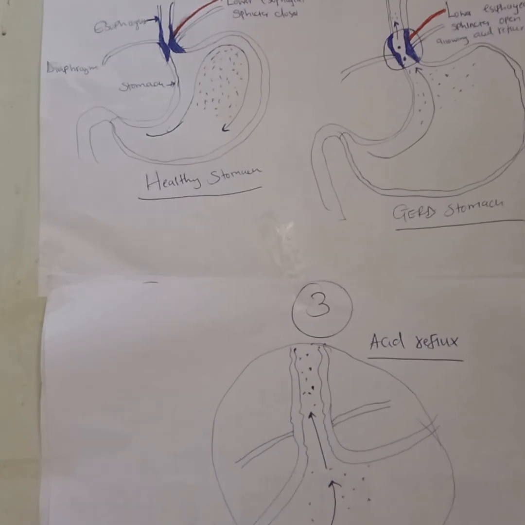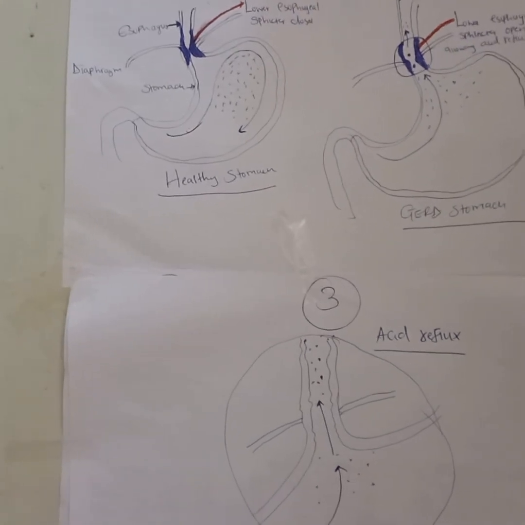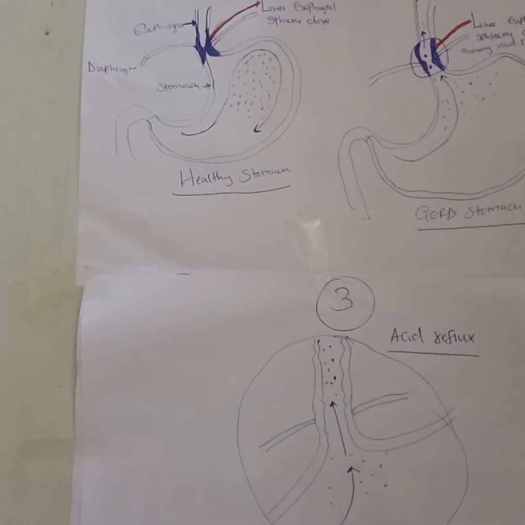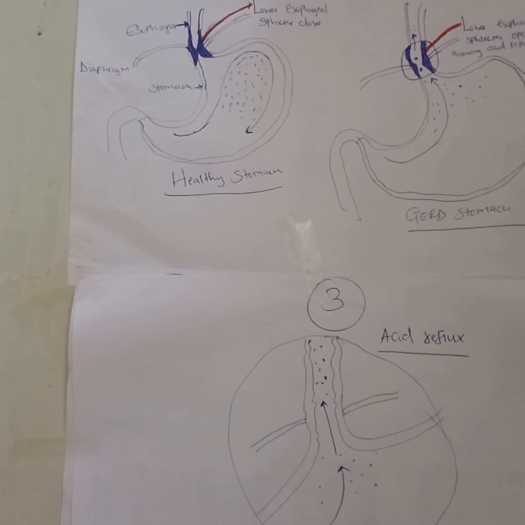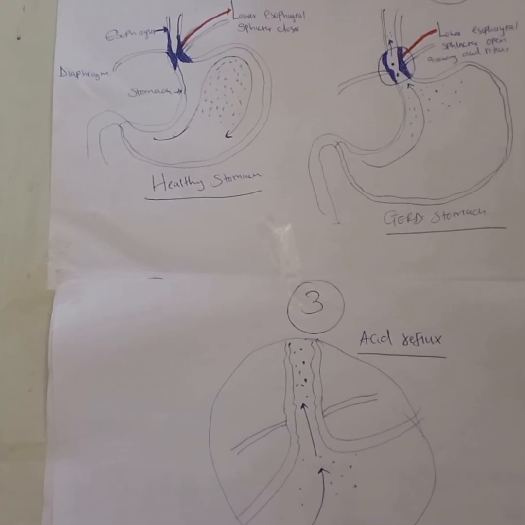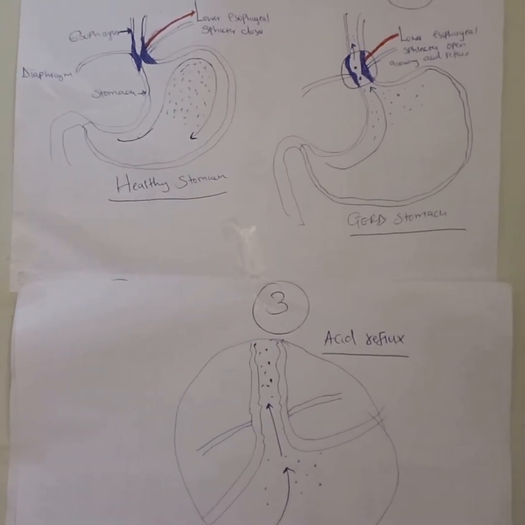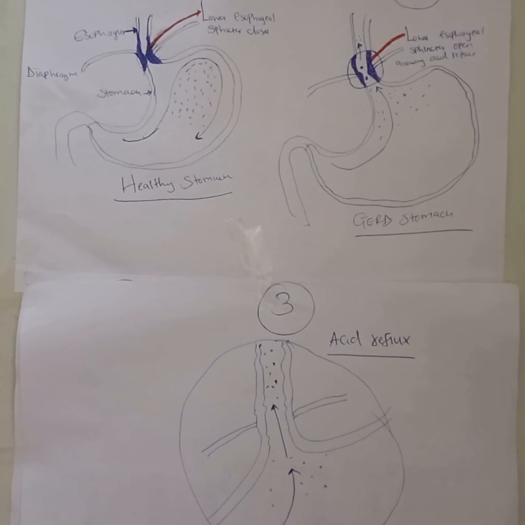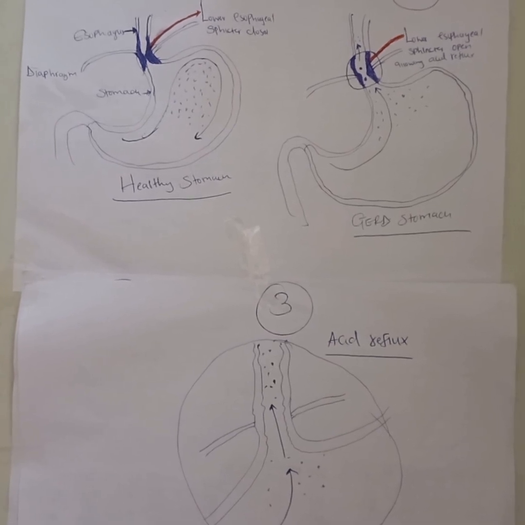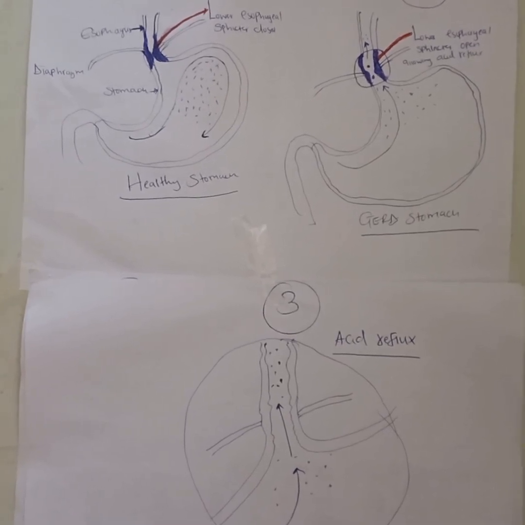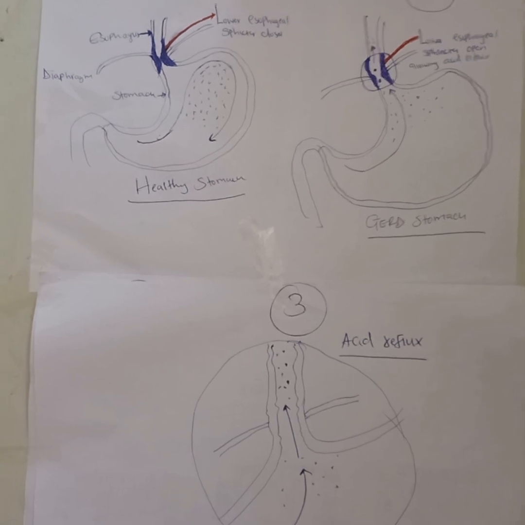If you remember, when we looked at acid reflux and GERD, we mentioned some mechanisms failing to work properly, which lead to these conditions. Today, let's look at these mechanisms.